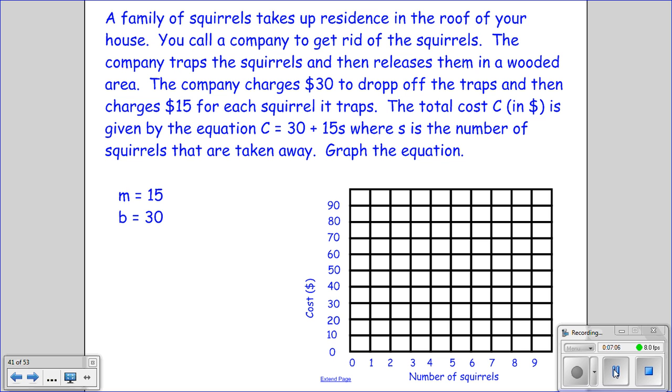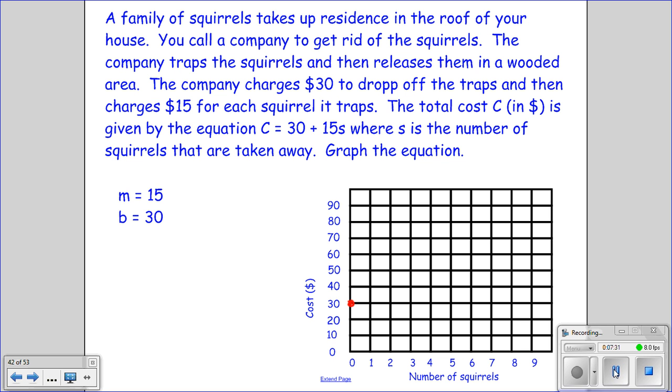Okay, first of all, we have to come up with our slope and our y-intercept. Our slope is 15, our y-intercept is 30. So we will plot the y-intercept on our graph. 30 goes on the y-axis, that is our money, and our slope is 15, so that tells us that we have to go up 15 and to the right 1. Notice how the graph is labeled.